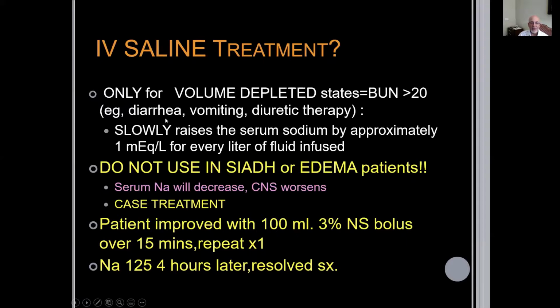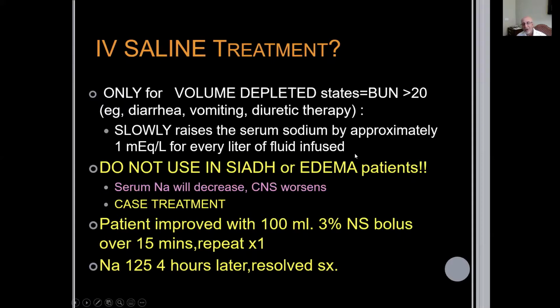So if the patient has a history of diarrhea, vomiting, taking diuretics, and the BUN is elevated, or they have a contraction alkalosis, so check the serum bicarbonate, then one would give IV saline to correct the volume depletion. The serum sodium will improve slowly by approximately 1 milliequivalent for every liter of fluid infused.